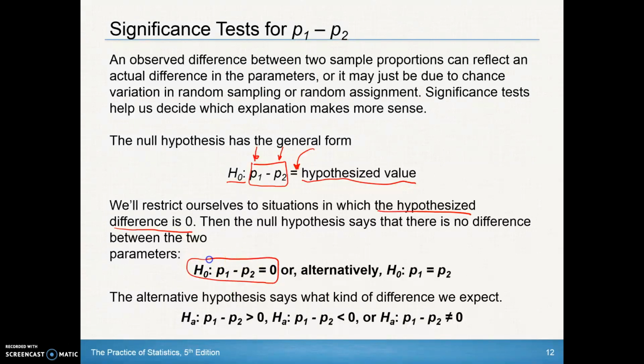This is how we will state that. Or if you do a little algebra, you can add P2 to both sides and write it more condensed: the two population proportions are equal. Then the alternative hypothesis would be either a right-tailed test, a left-tailed test, or a two-tailed test.